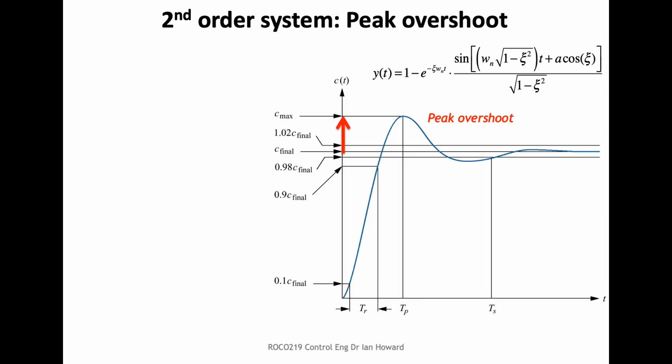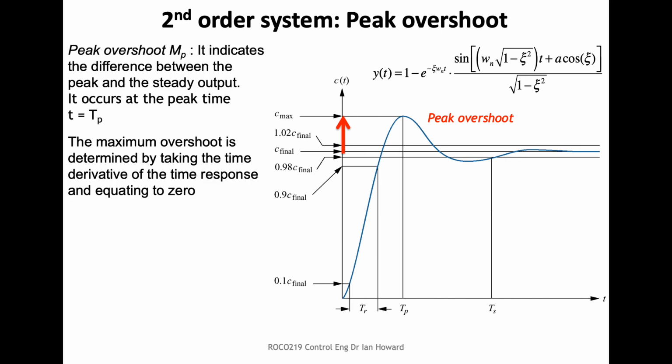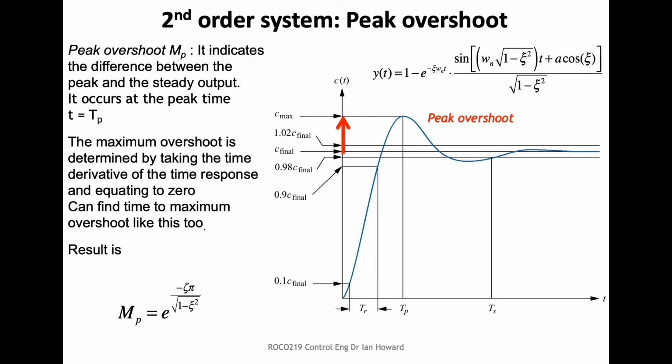Peak overshoot is how much it's more than the goal. How much has it gone up by? So it's like that little bit extra from where it should have gone to, and it occurs at the peak time, of course. And it's related to this scaling factor. In fact, there's the exponential scaling factor divided by the term due to the 1 divided by square root of 1 minus zeta squared that affects the signal.